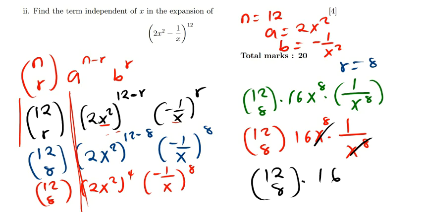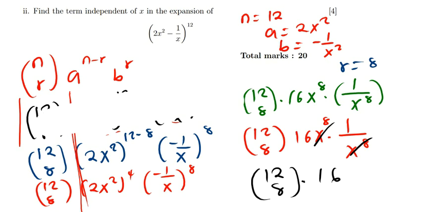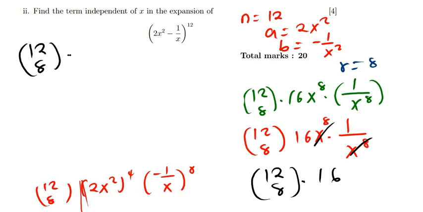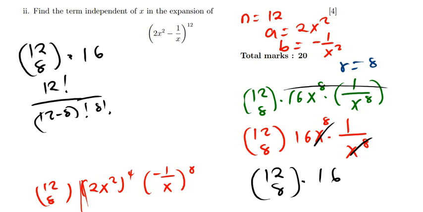Now I need to find the answer for this, so I'll do it from here. 12 choose 8 times 16. So 12 choose 8 is 12 factorial over 12 minus 8 factorial times 8 factorial.